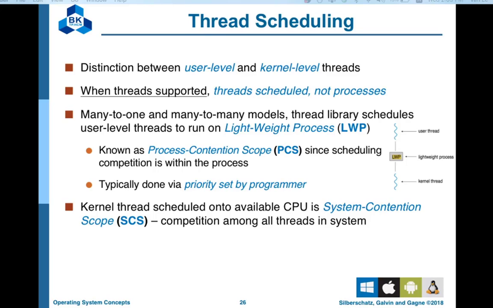You know that user level threads are not recognized by the operating system, so they are not scheduled by the operating system, but kernel level threads are recognized by the operating system, and the operating system will schedule them, that is, allocate the CPU to the kernel level thread.